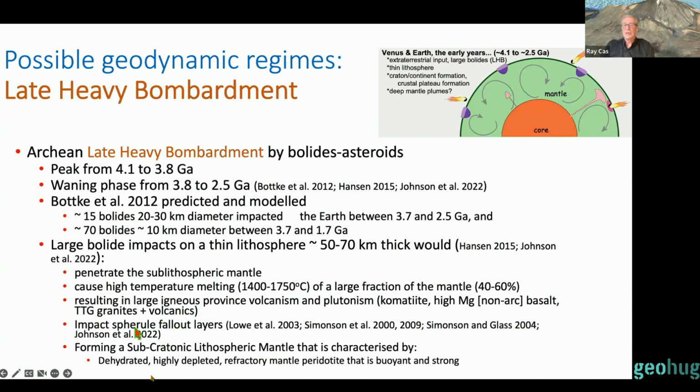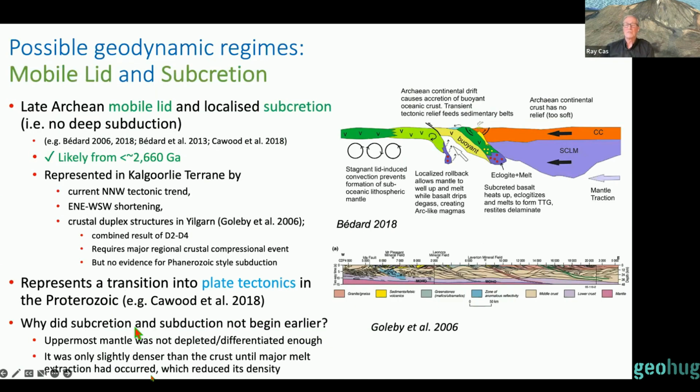And there is actually geological evidence for these impact events via spherule layers. These are spheroids of what appear to be melt droplets and high temperature and metasomatized fragments of debris that are dispersed in continuous layers within some of those marine sequences that are typical, for example, of stage 1 and stage 2 of the Yilgarn Craton.